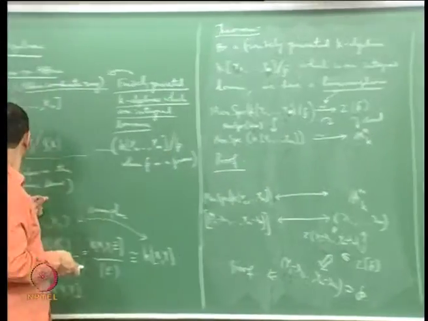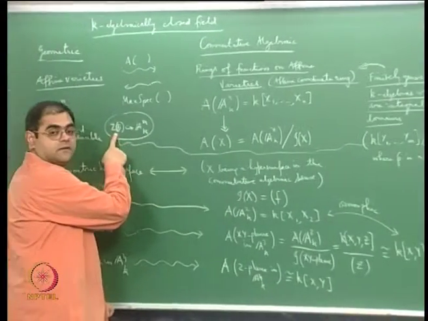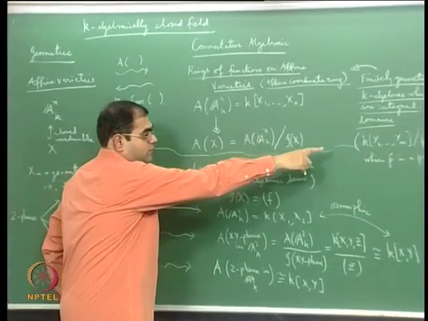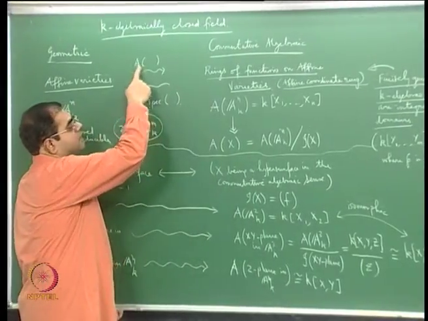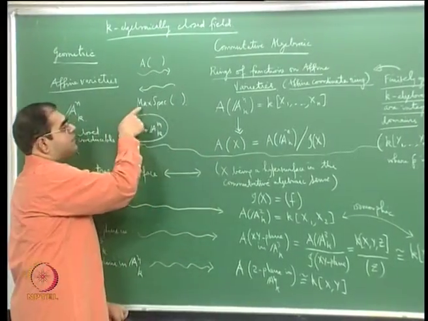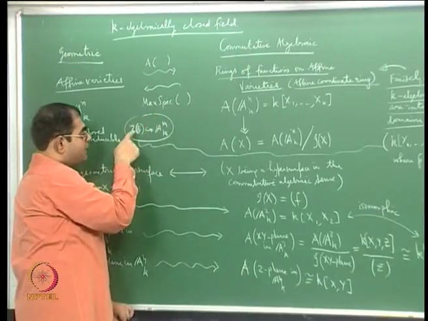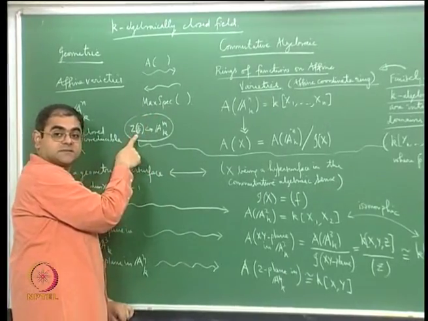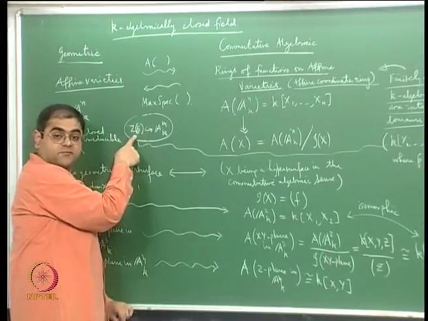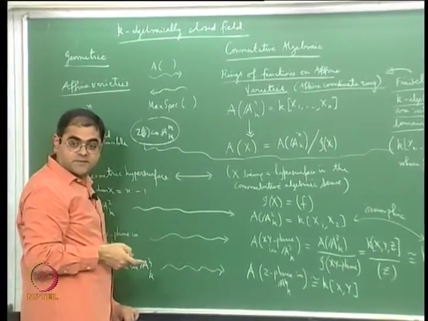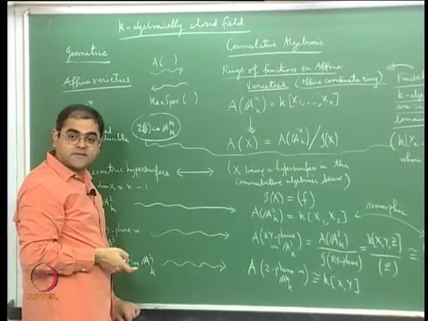So the moral of the story is, if I start with Z of P, then I go to the affine coordinate ring by applying this A, and then if I come back by applying max spec, what I get is not just something that's homeomorphic to Z of P; in fact you will get something that's isomorphic to Z of P, isomorphic as affine varieties.